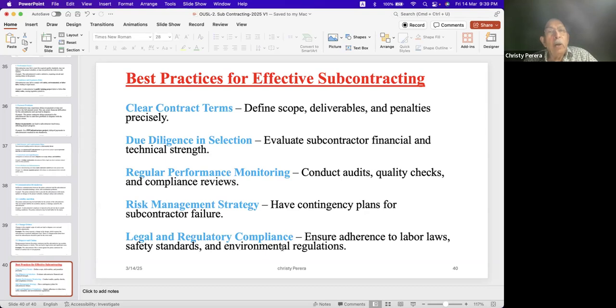Now, I told you all, we used to put a maximum limit. Say more than 20%, you can't do the subcontracting. In that case, if you want, you can put the penalty clause also. But normally we don't do that.